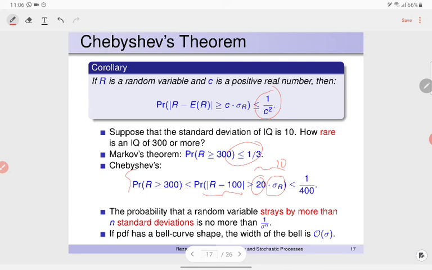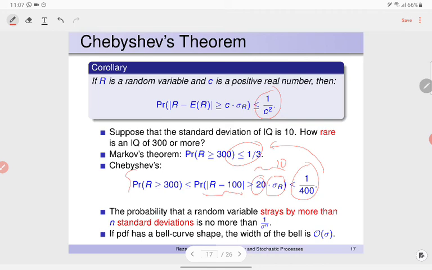And this must be smaller or equal to 1/400. This is much, much smaller than the bound provided by Markov's theorem. So knowing the expectation and the variance of a random variable allows us to bound this probability more tightly.